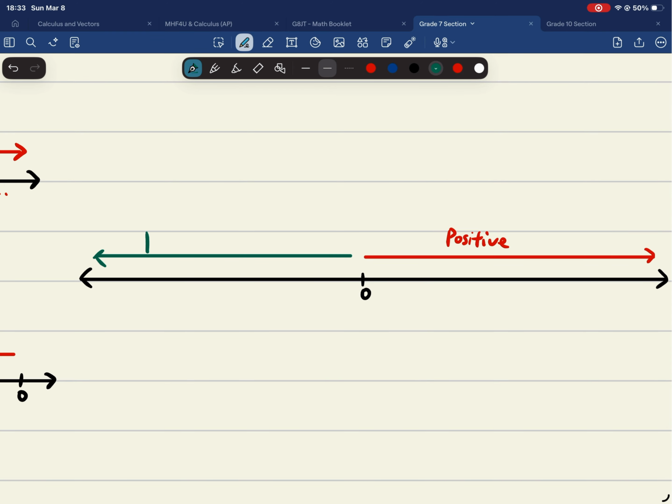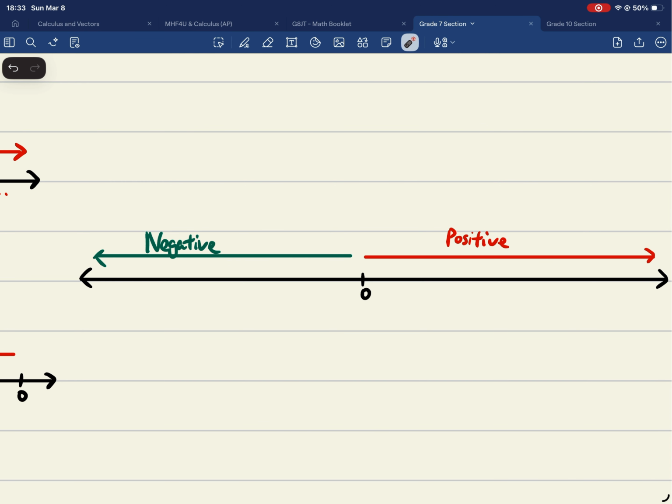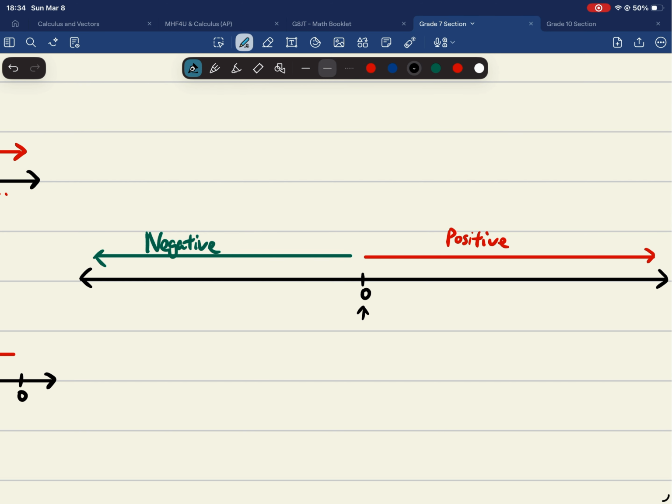If you're looking to the left, these will be negative. And remember, 0 is neither negative nor positive. So 0 is just a number.